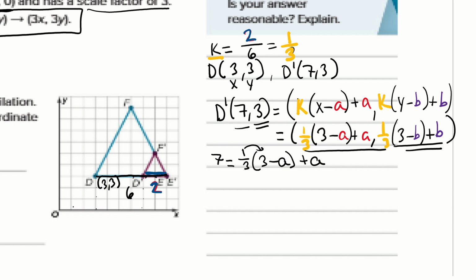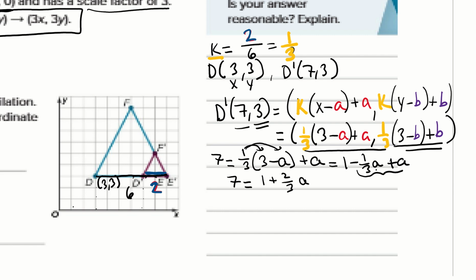All right, so distribute. 1/3 times 3 is 1, and then 1/3 times negative A is negative 1/3 A. So we get 7 equals 1 minus 1/3 A plus A. Now negative 1/3 A plus A is 2/3 A. You basically got 1 whole minus 1/3, which is 2/3.